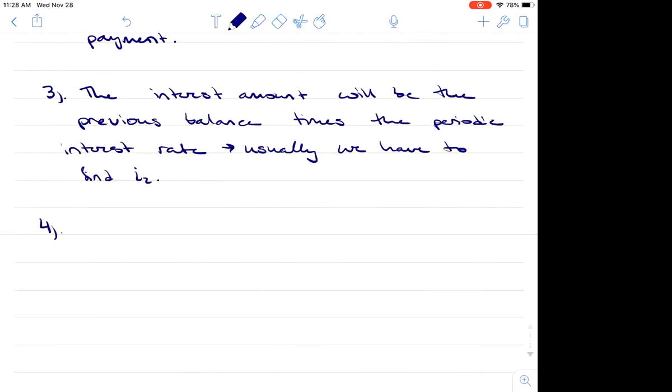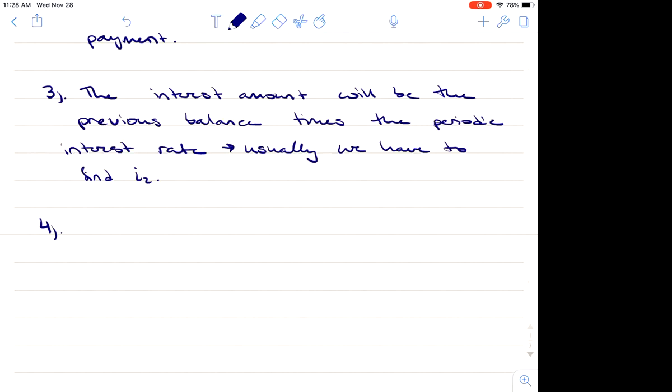Fact number 4, the principal amount: that's how much your payment was minus the interest. You have to pay off your interest first, and whatever is left over from the payment goes towards your principal. That's what chips away at the balance you're owing.